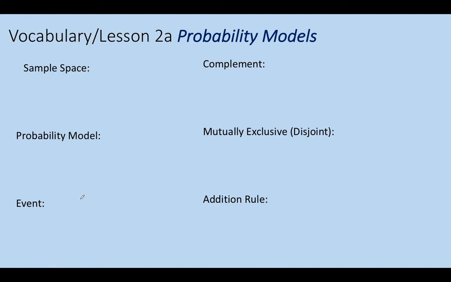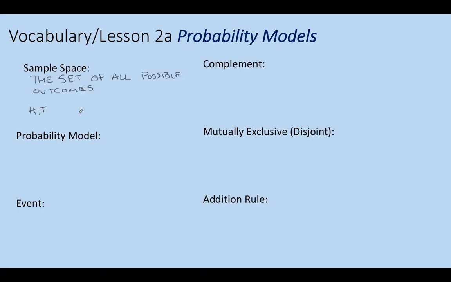Number one, what is a sample space? Well, sample space is the set of all possible outcomes. So if I'm flipping a coin, my sample space would be two things, heads and tails.